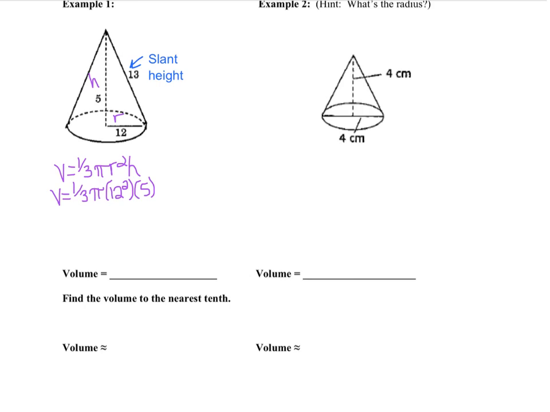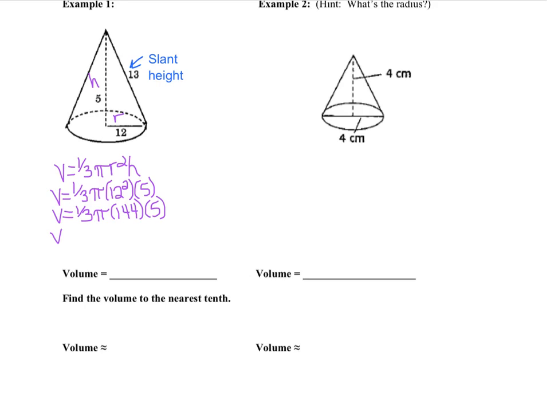Now what I always do first is my exponent, following order of operations. So volume equals 1/3 pi, 12 squared is 144, and you're timesing that by 5. My next step, I like to multiply my two numbers together before I multiply by my fraction.